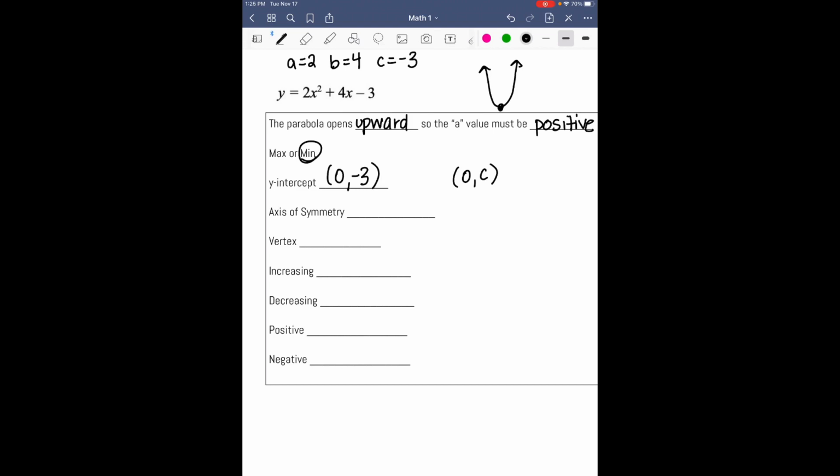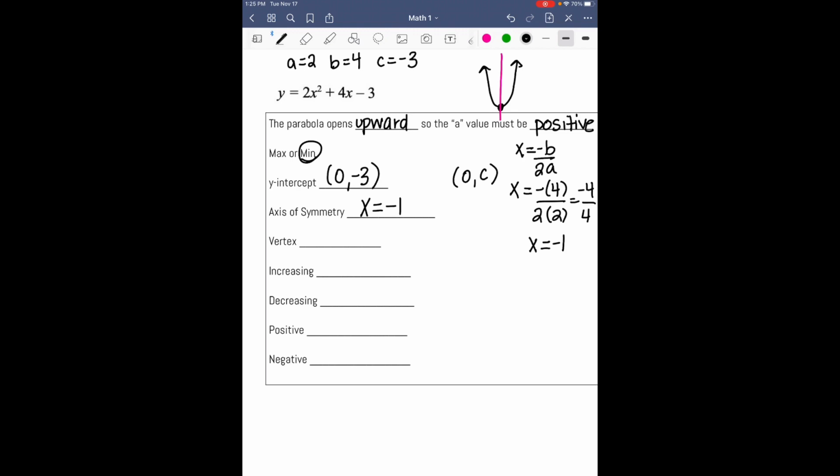And then my axis of symmetry is the line that goes through my vertex and splits it in half, and we have a formula for that: x equals -b/2a. So x equals -4 over 2 times 2, which is -4 over 4, and x equals -1. So my axis of symmetry is x equals -1.